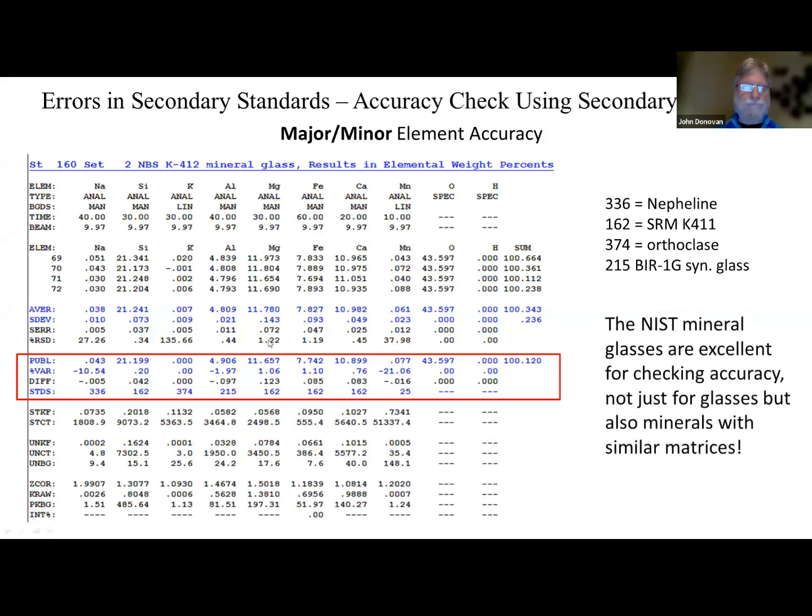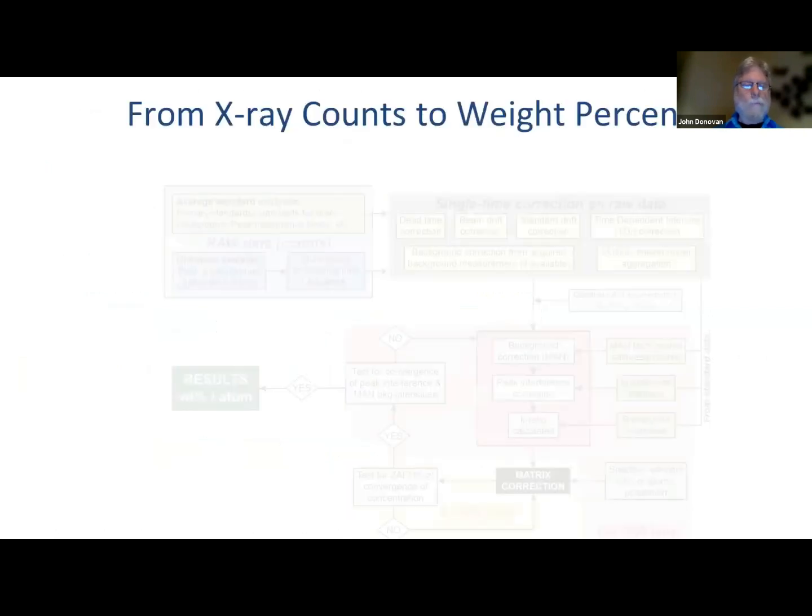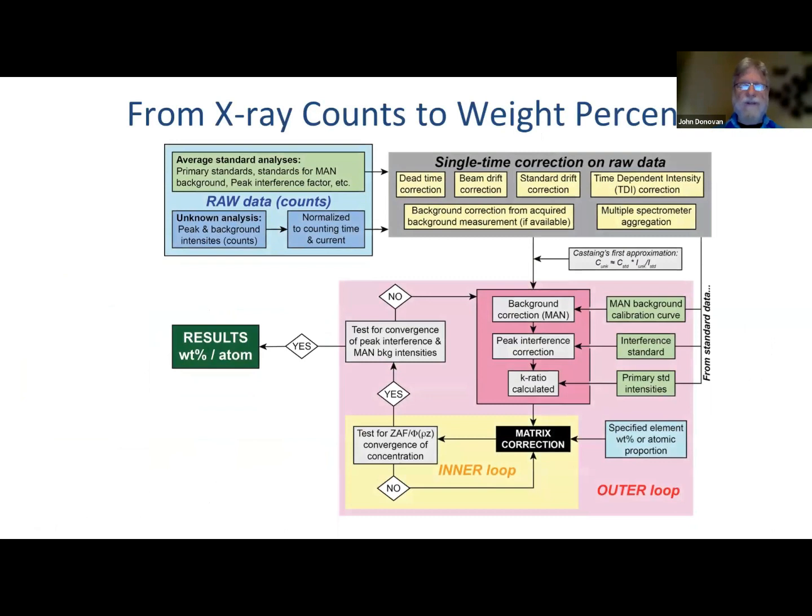Okay. I use the NIST glasses for silicon analysis as well. They work great. And here again is that figure from the first slide. I just point out that some of the corrections that we do to the data are a one-time correction. We do the correction to the data and then we drop it into the iterative loops here.